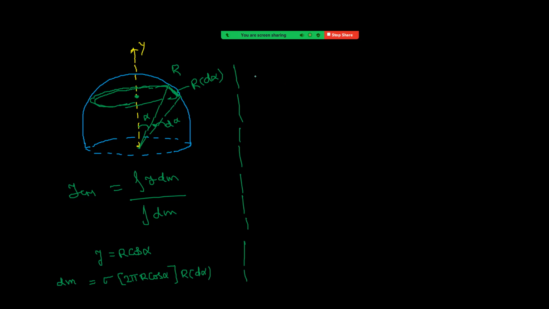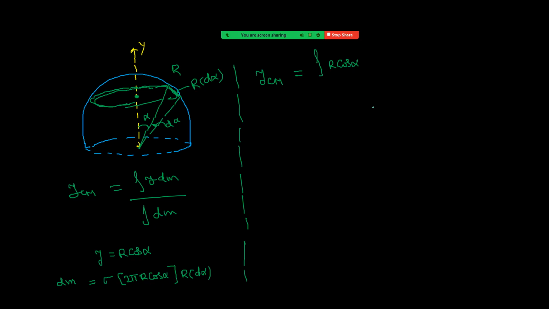So I'm taking directly here without writing all these things once again. Directly integration of, in the place of y, r cos alpha. Coming to dm, I am writing directly cos alpha d alpha because remaining is 2 pi r square constant. Anyhow dm cancels.